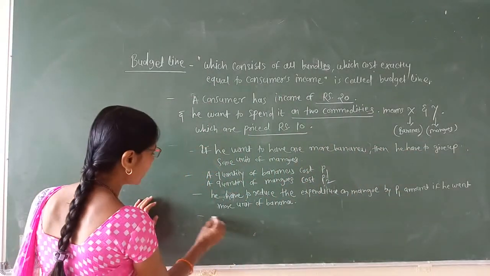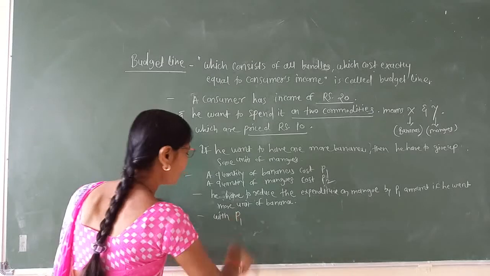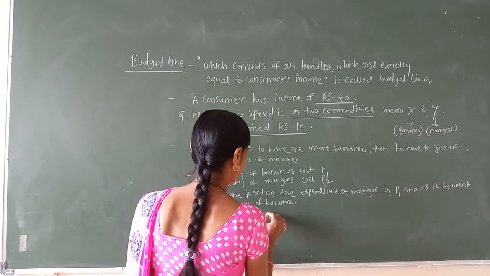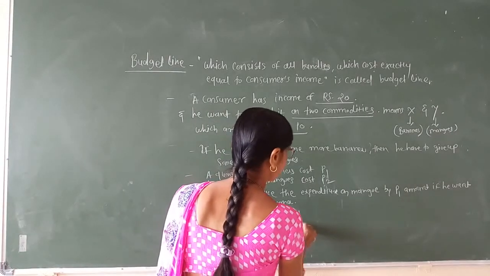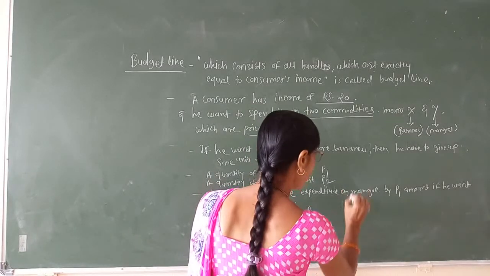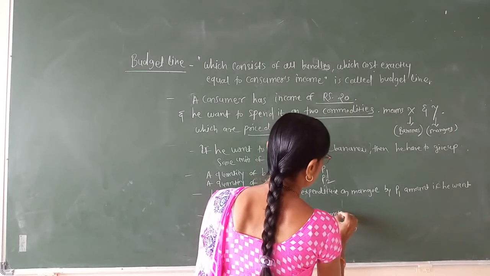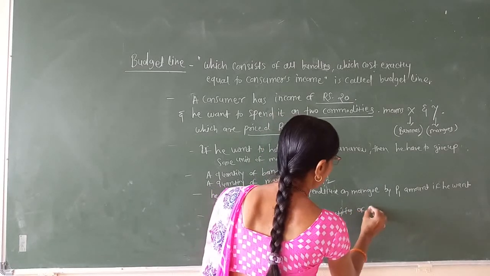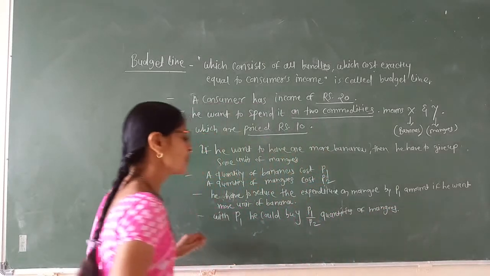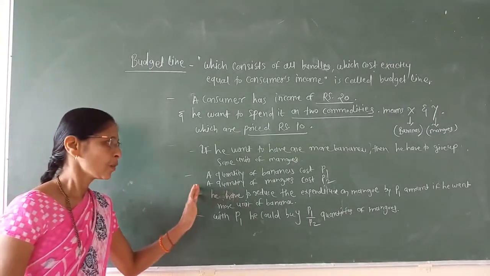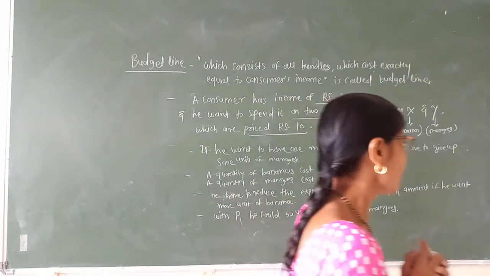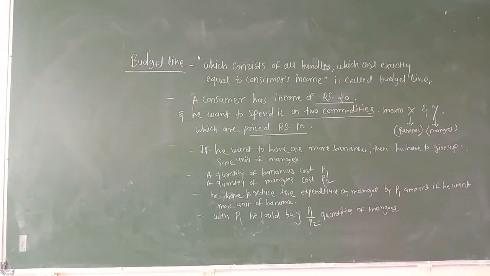Means with the P1, the price of the banana, he could buy P1 divided by P2 quantity of mango. See students, if the consumer wanted to have one more unit of banana, then he has to give up some units of the mango.